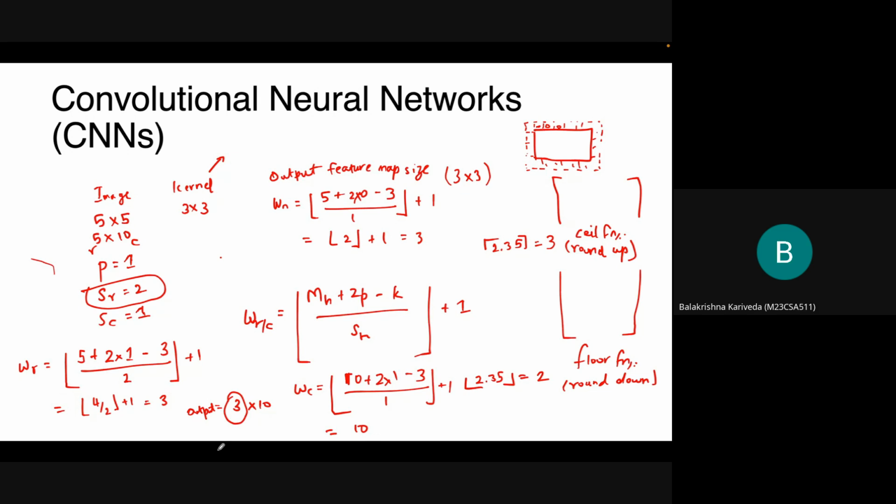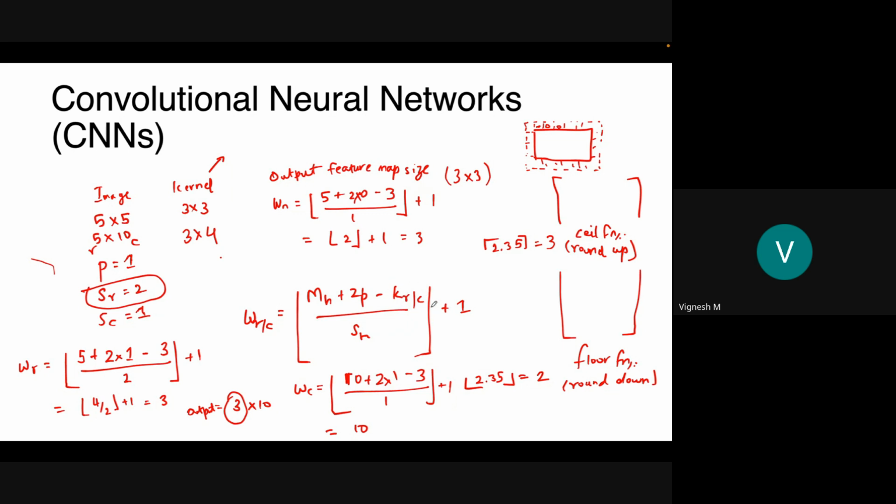One question, sir. Can we take the kernel as rectangular? Yeah, of course. Then this K would be either KR or KC. So instead of having a 3 cross 3 kernel, you could have a 3 cross 4 kernel. And if you apply it, it will be the same thing.